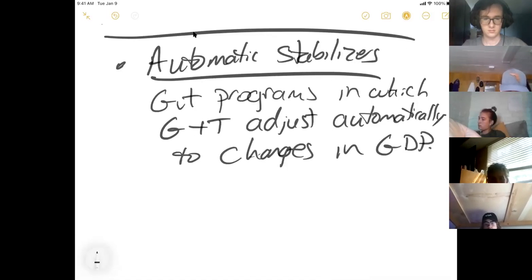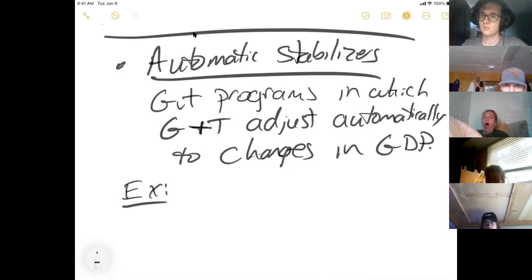Government programs in which spending and taxes adjust automatically to changes in GDP.